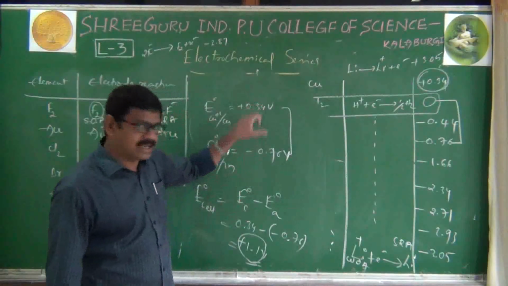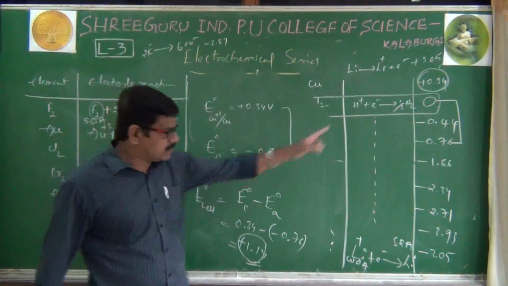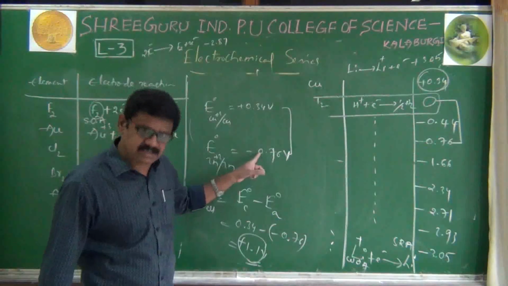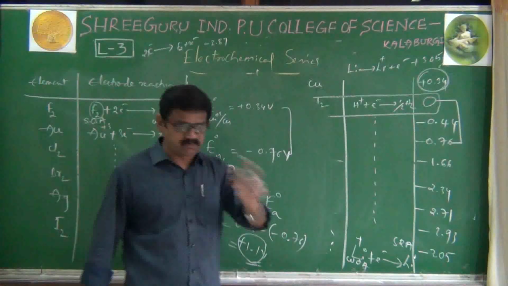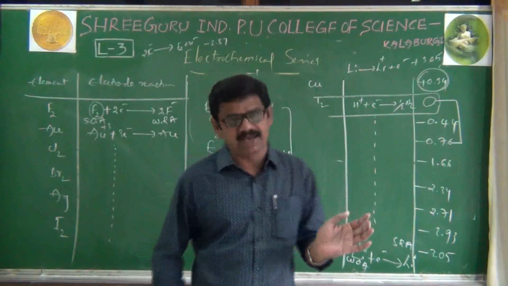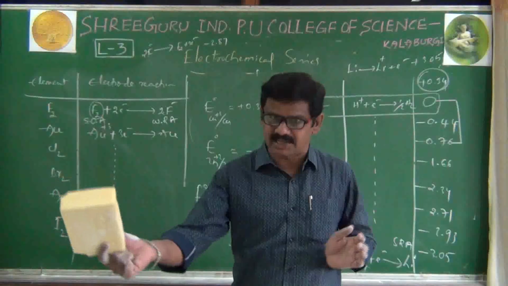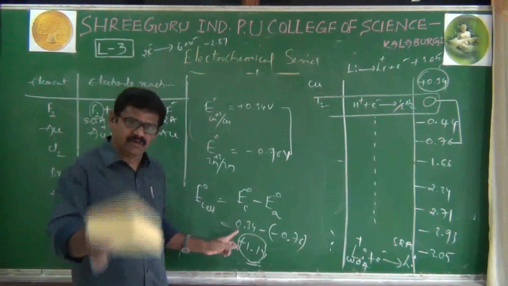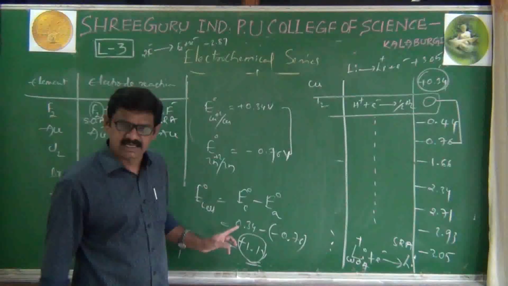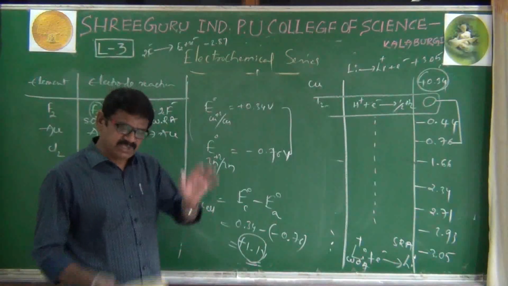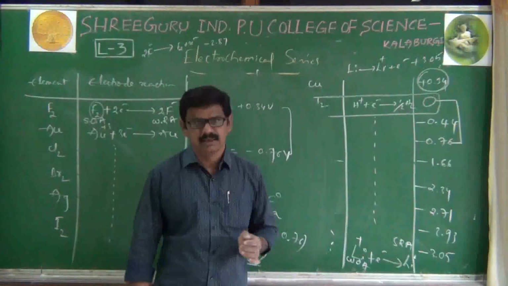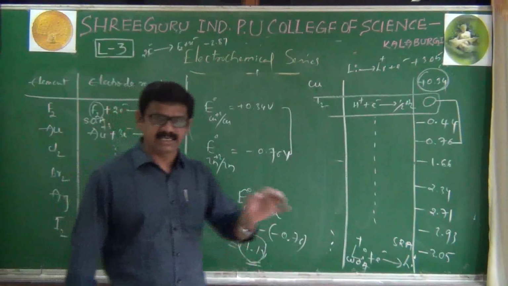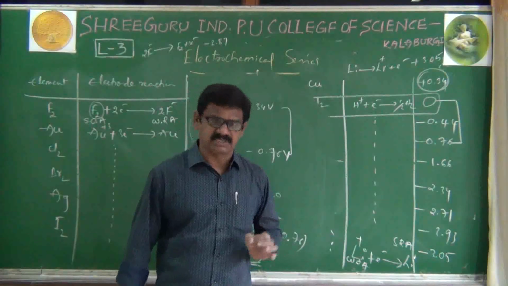It means if a cell is constructed according to the SRP values, I'll repeat, with the less SRP electrode acting as anode and the more SRP electrode acting as cathode, if you arrange it like that, your E naught cell will definitely be positive and that cell is a spontaneous process. Suppose you arrange it in the reverse manner, then definitely the E naught value will be negative. Negative sign means that it is a non-spontaneous process.